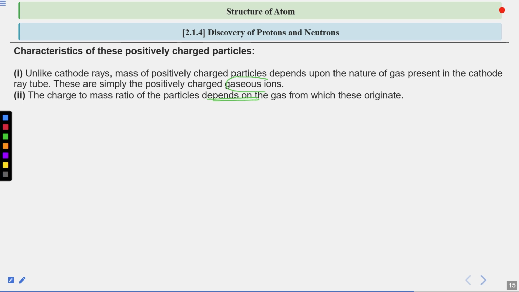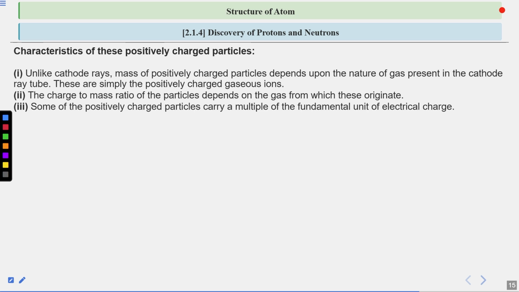Gaseous ions are those gaseous molecules which have a positive charge on them. After removing the electron, what is left? An atom is left which has a positive charge on it. So these positively charged gaseous ions move towards the negatively charged cathode, and their properties are dependent on the nature of the gas.